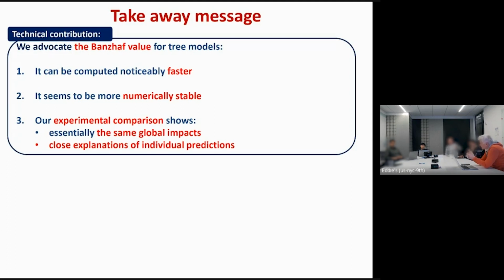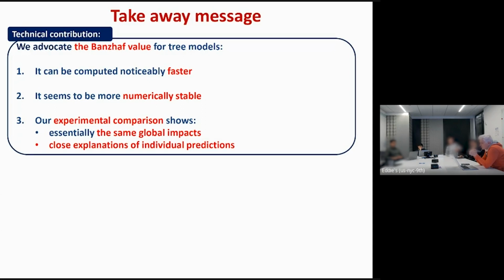The economic literature doesn't really say which one is better, so there is no strict preference, and we show that this holds here as well in the context of tree explanations. But besides which is conceptually better or not, Banzhaf values have some noticeable advantages over Shapley values.